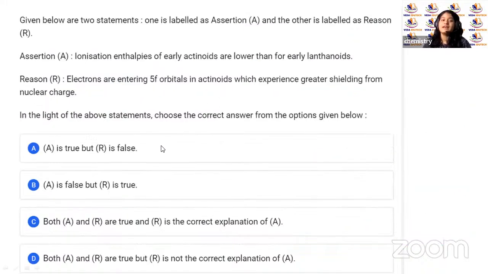Next question on your screen. Another assertion reasoning, try, everyone.